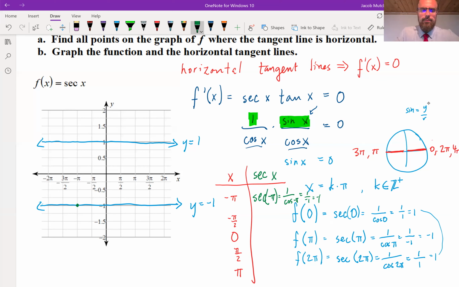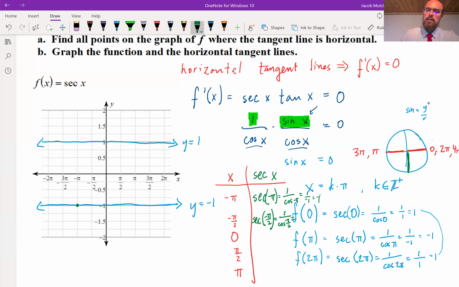Okay, let's turn our attention to negative pi over 2. So secant of negative pi over 2 is going to be 1 over cosine of negative pi over 2. Well, that's cosine at negative 90 degrees. At that place on the unit circle, cosine is 0.